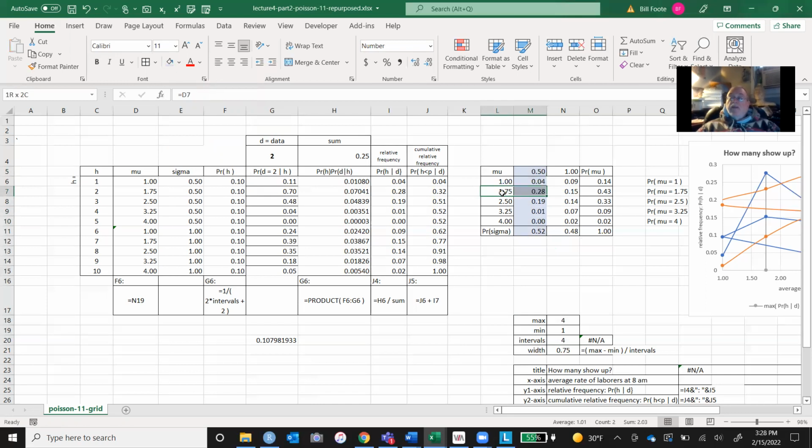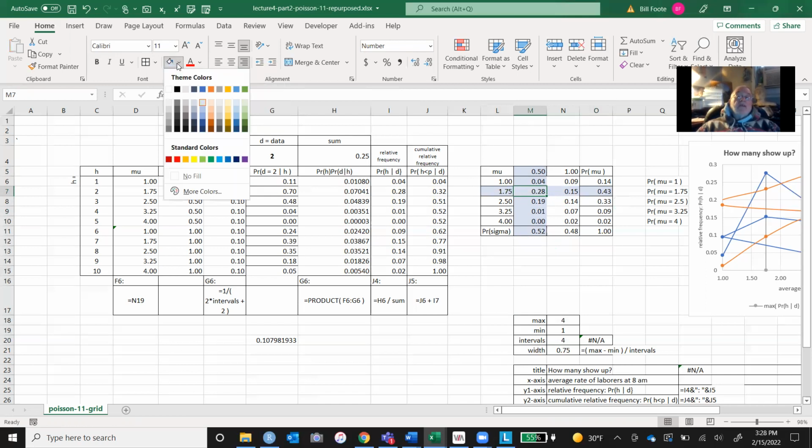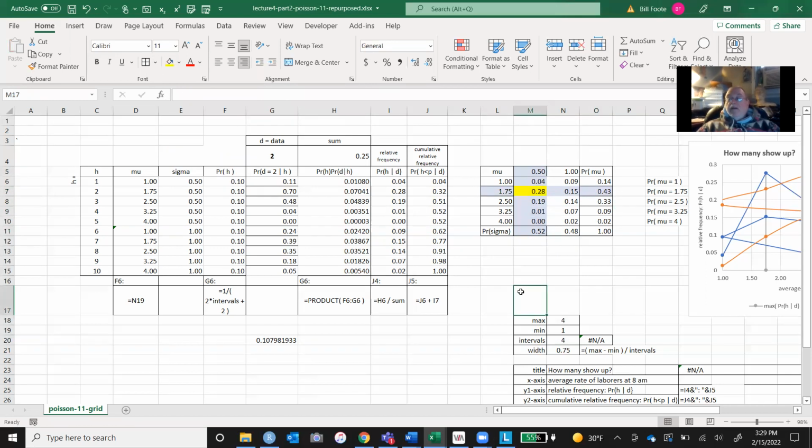And let's make this a light blue. The other direction. And these, as you can see, are joint probabilities of mu and sigma. Okay, let's make this really stand out here. Oh yeah, let's make it yellow. There we go. Okay.